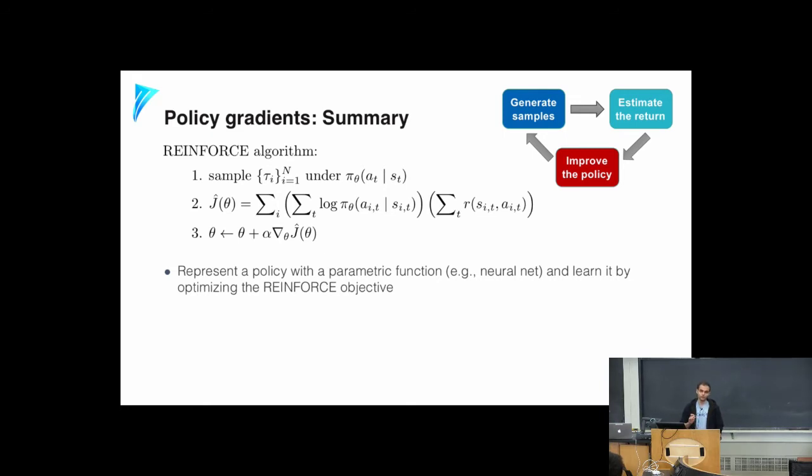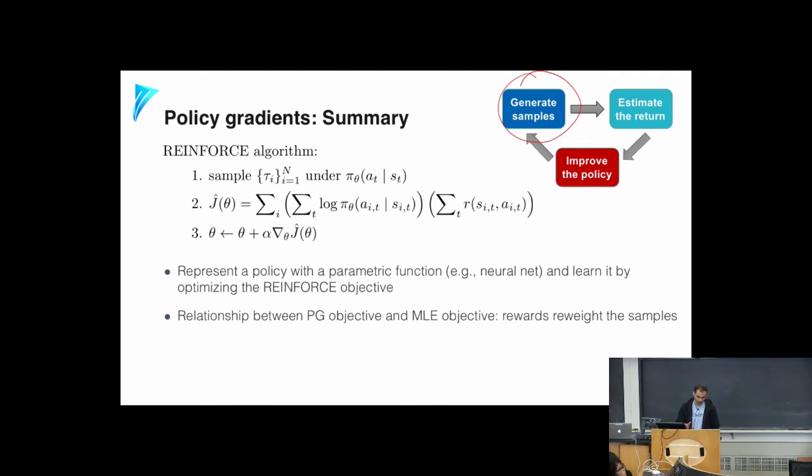The only thing that is different, let's say, from supervised learning, is the part for generating samples. You take a policy and throw it into your environment and generate a bunch of trajectories. That's not what we usually do in supervised learning, where we're already given a data set that we're trying to use for optimization.